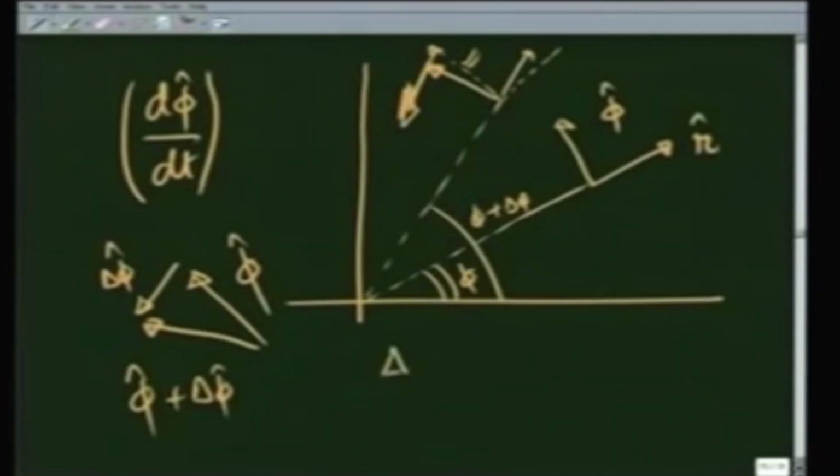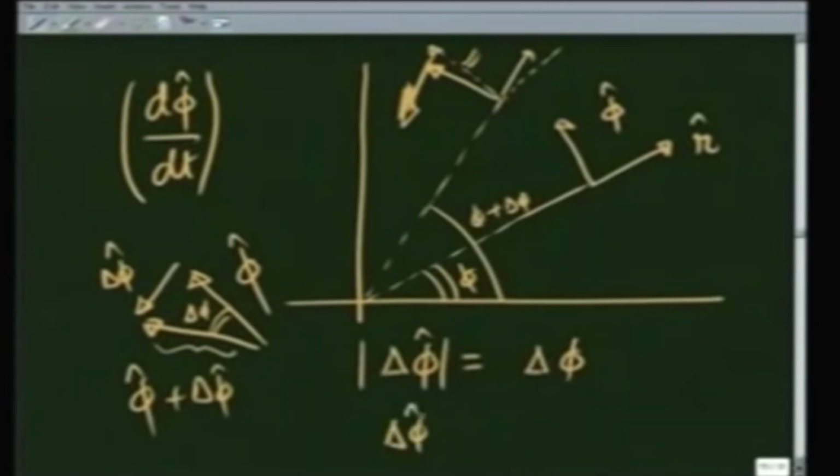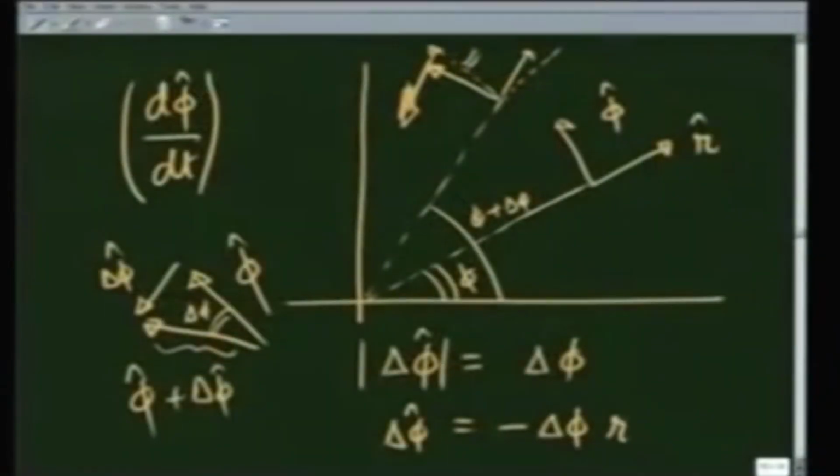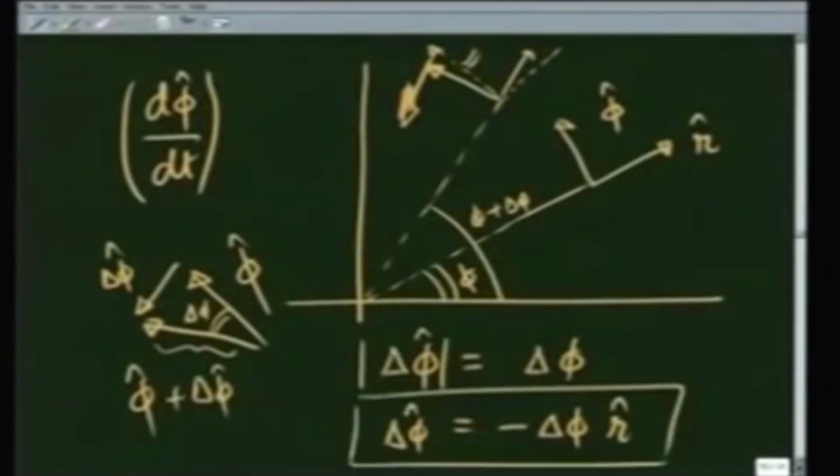So, delta phi unit vector is going to be equal to, this angle is delta phi, this magnitude is 1. So, the magnitude is going to be equal to delta phi itself, and the direction is in the direction of r, but in the opposite direction. So, minus delta phi r. To show it again, this was my original phi.